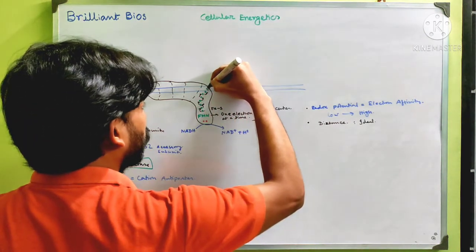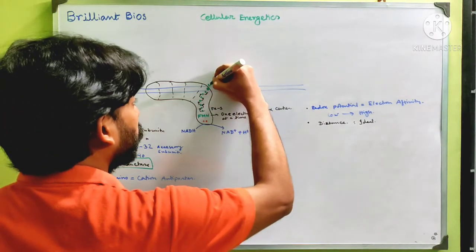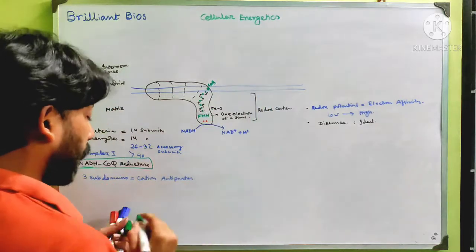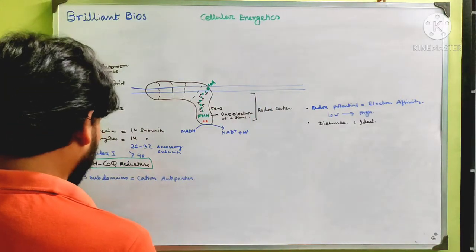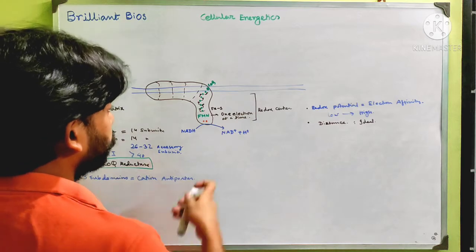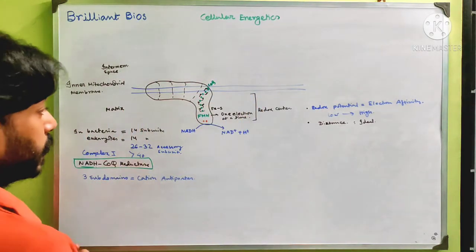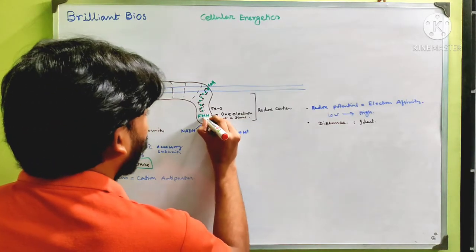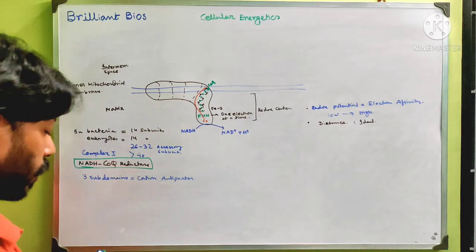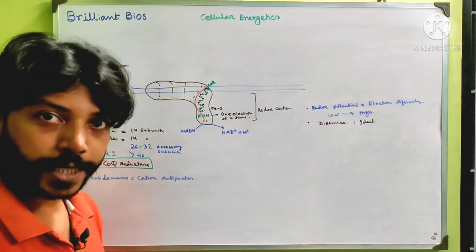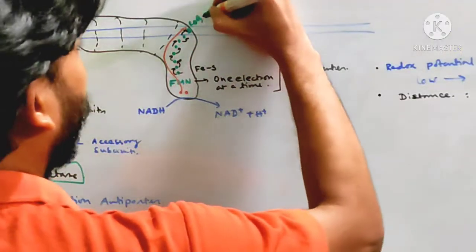So let's suppose this is the CoQ that ultimately accepts the high energy electrons. Electrons are moving one at a time in these directions, and this CoQ can accept 2 electrons and become CoQH2.